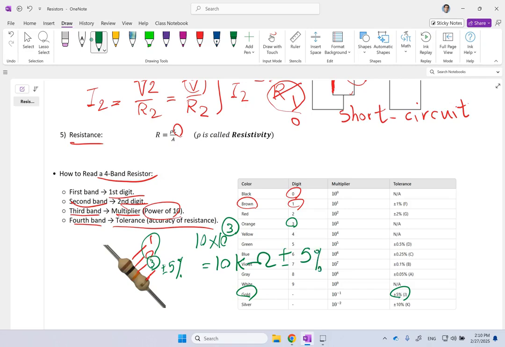What is 5% of 10K? That's right, that's 500. So it is going to be 10K plus minus 500. So the maximum of this should be 10,500 ohms. The minimum of it should be 9,500 ohms.